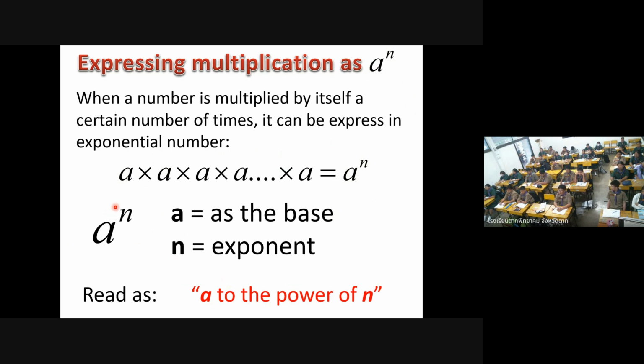This exponential number is read as a to the power of n, where a is the base number and n is the exponent. Now, how do you read this number?